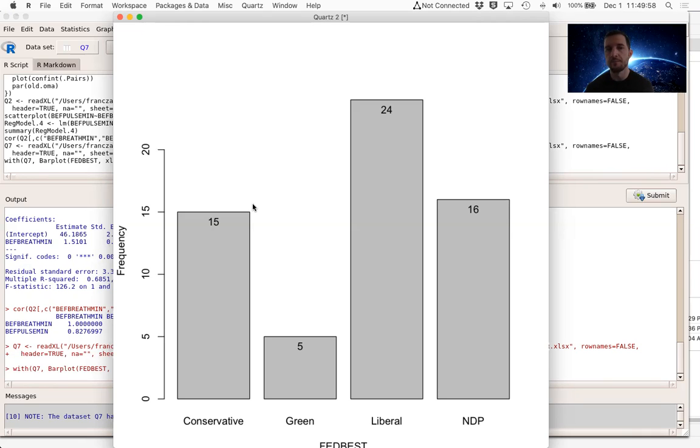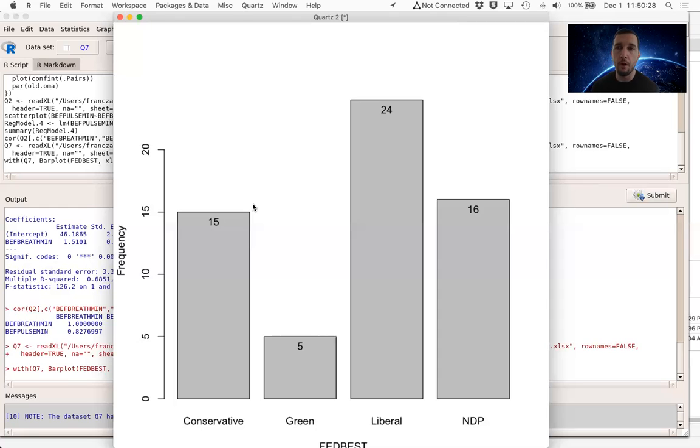The only summary statistic that we can use here, since it's qualitative, is the mode. In this illustration, the modal group would be the Liberal because it's the group with the highest count. The mode is the only summary statistic that can be used for both quantitative and qualitative data. In the qualitative case, it's simply the group with the highest count.